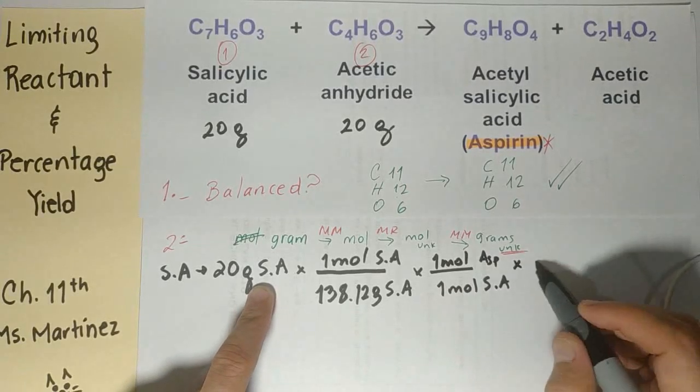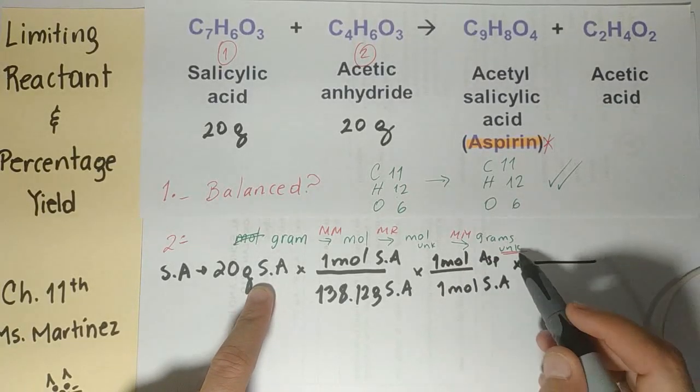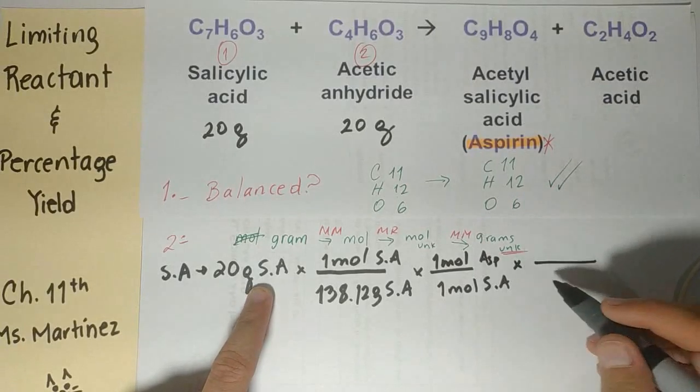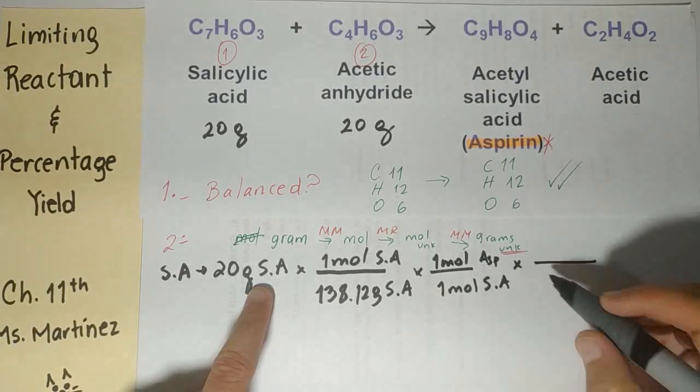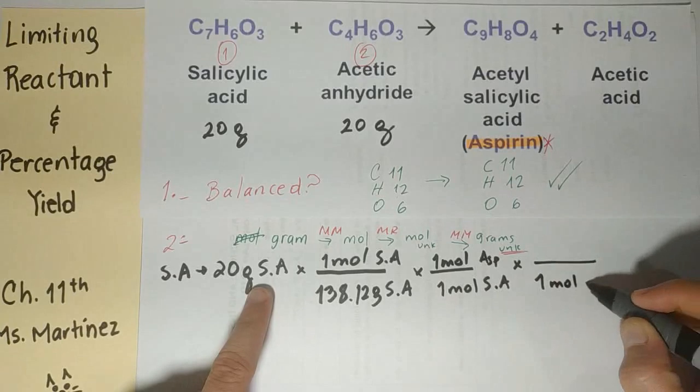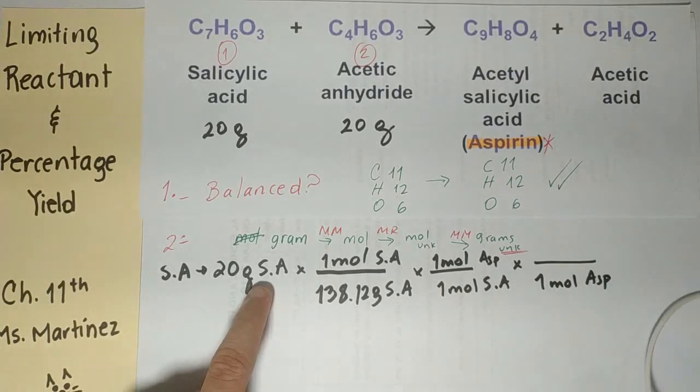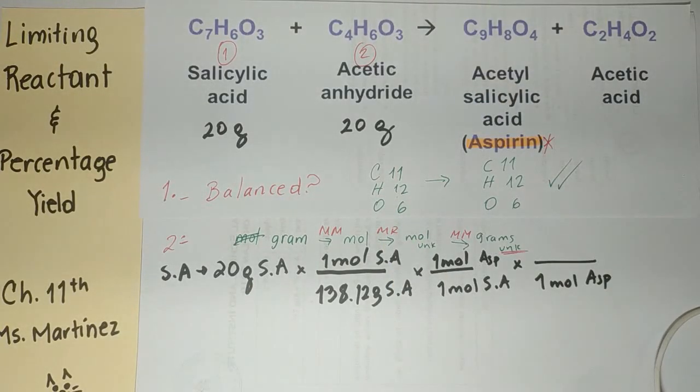And then, in the last step, you're going to get the molar mass of the unknown. So in what way we're going to write it? Moles on the bottom in order to cancel. 1 mole aspirin that has, okay, aspirin has 9 carbon plus 8 hydrogens plus 4 oxygens.